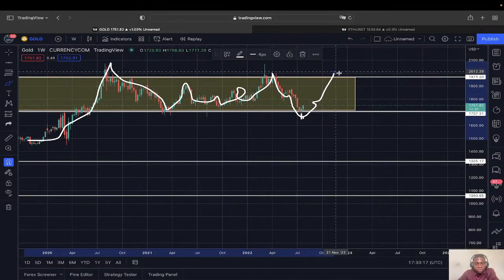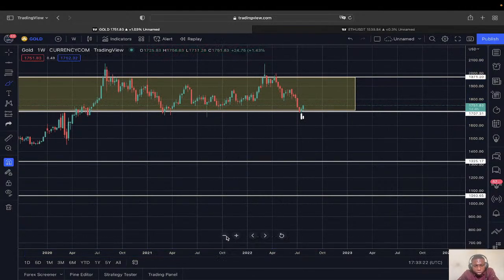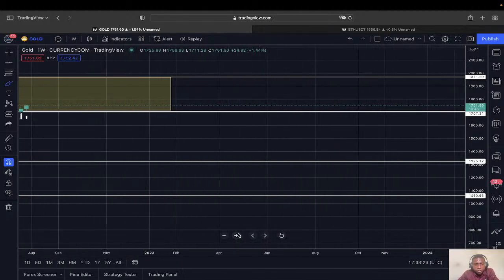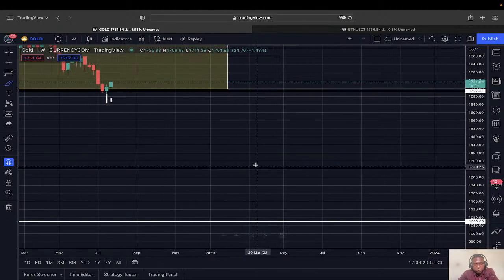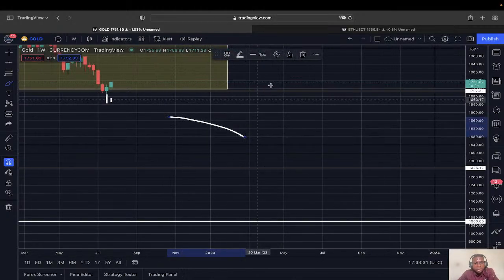Good. Now let's zoom closely. I'm very much concerned about the last three candles here.